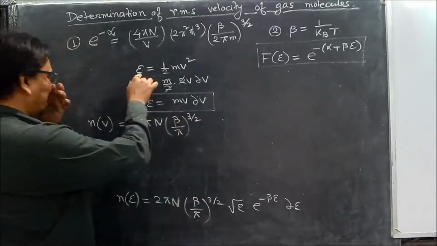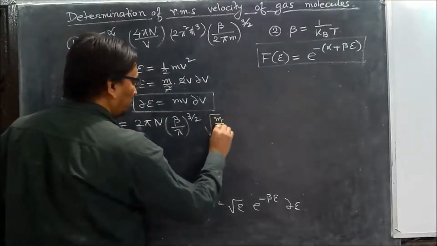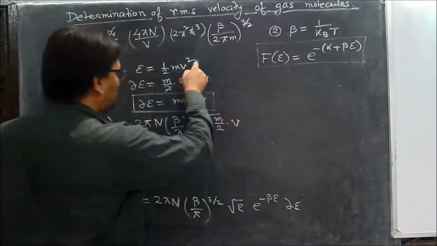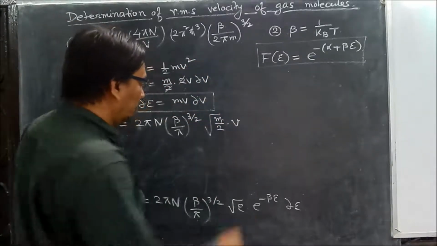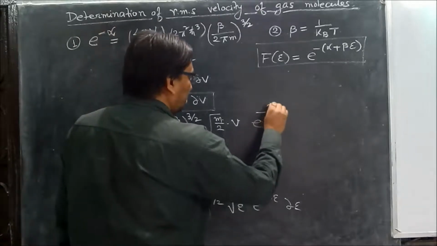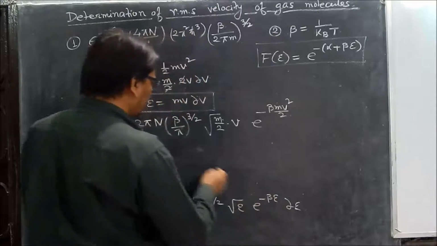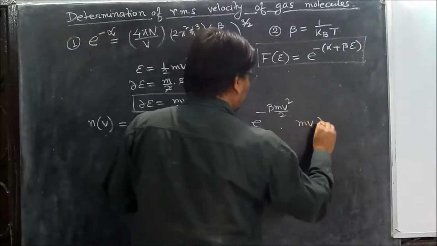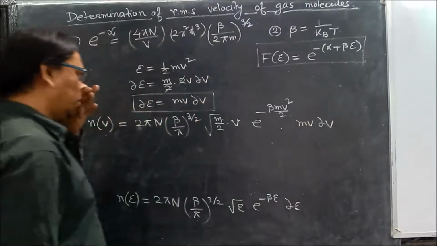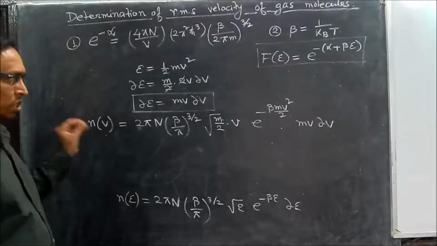Root epsilon is root of half mv square, so this will be root under m by 2 times v. The root of v square is v, and this will be e to the power minus beta mv square by 2. And del epsilon is actually mv del v. So this is the number of particles having velocity v.